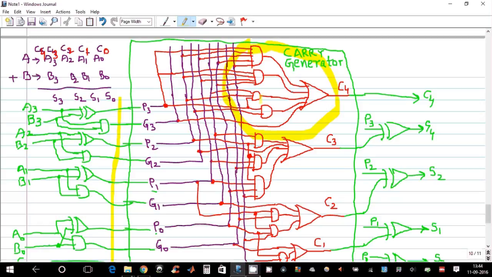Because for generating C4 we have a maximum delay of a 5 input AND gate along with a 5 input OR gate, compared to the delays of C3, C2, C1. For C3 we require a maximum of a 3 input AND gate and a 4 input OR gate, which will obviously be less than the delay generated for C4. So this will determine the delay of my carry generator stage.